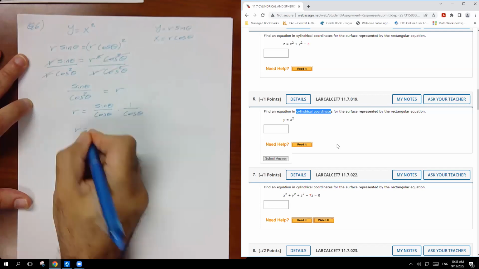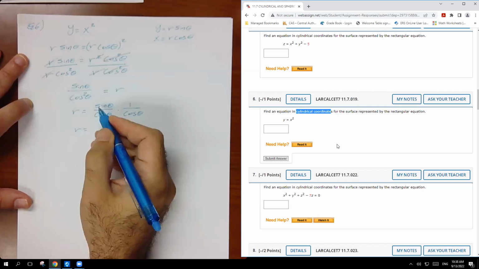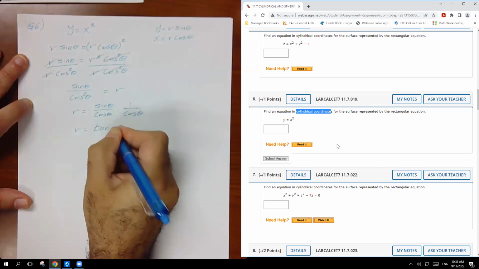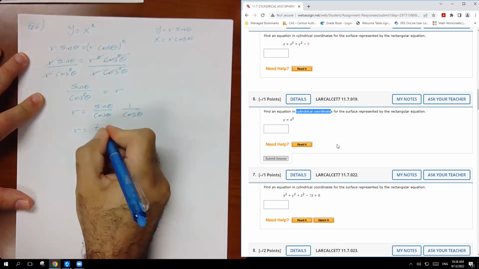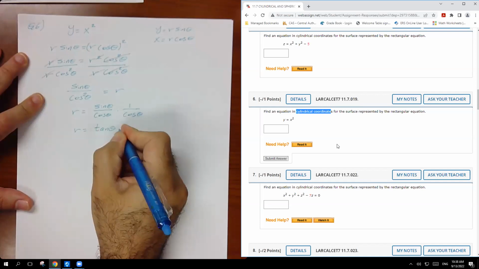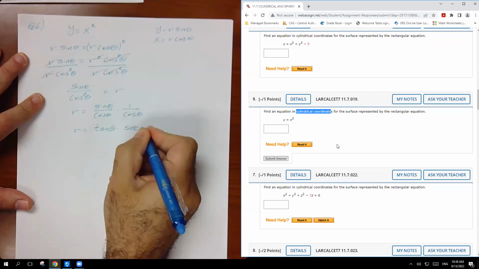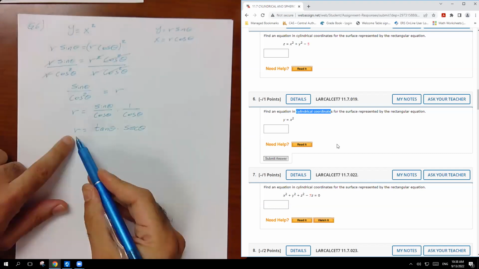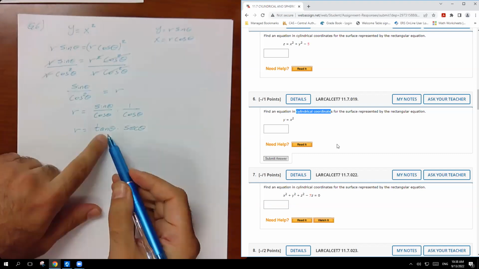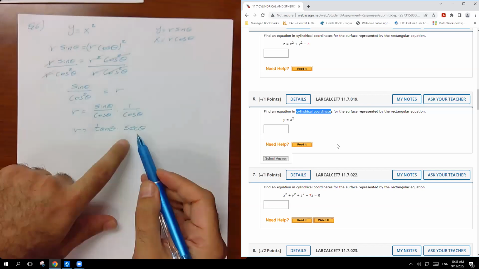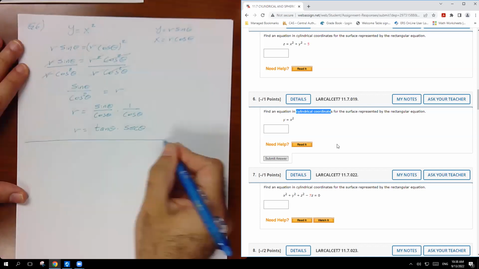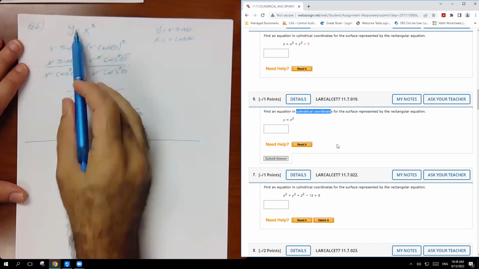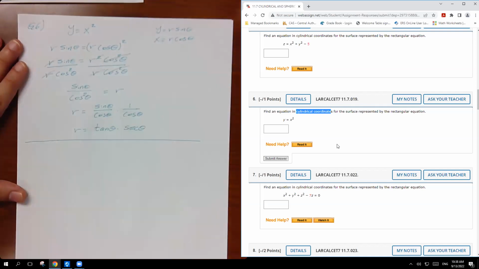So r is going to be, this is the tangent, so it's going to be tangent theta, and the other one is going to be times secant theta. So now check. R is in cylindrical coordinates, tangent theta and secant theta, all in terms of theta. That means we did convert from rectangular to cylindrical, and this is the equation in cylindrical coordinates.